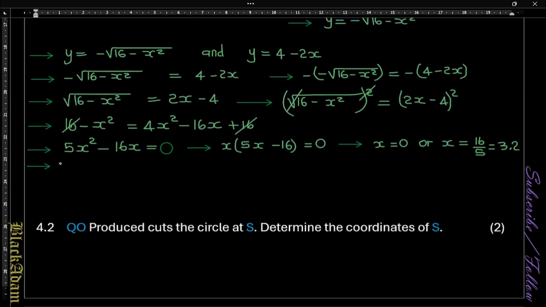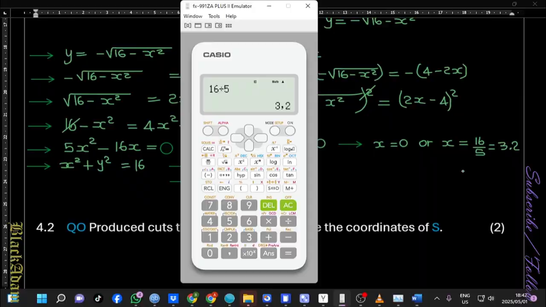And then we have x squared plus y squared is equal to 16. When we substitute x for 3.2, we have 3.2 squared plus y squared is equal to 16, so y squared, y is equal to plus or minus the square root of 16 minus 3.2 squared, that's 10.24.